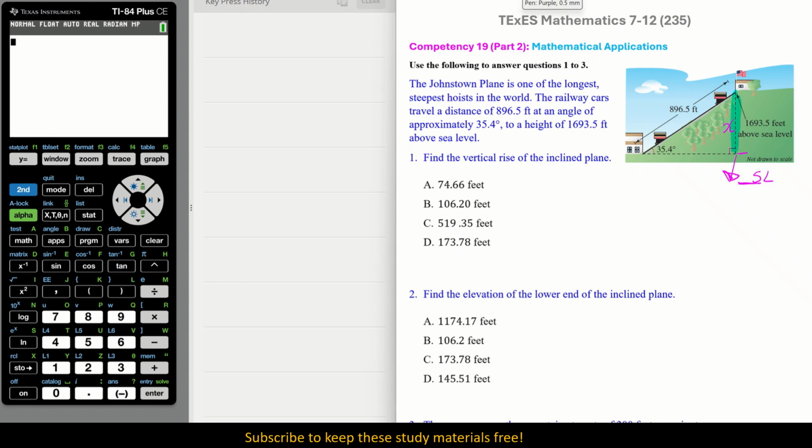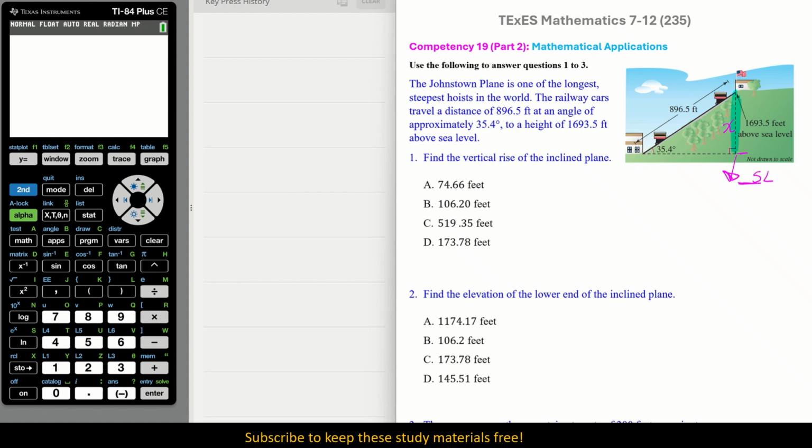That means inclined, that means up. That would be the 35.4, where I have the X. That's what we're looking for. We don't know that distance. Another distance that we don't know is the horizontal, but we don't have an angle for that, and from the way the question looks, we don't need it. So, how do we find that?